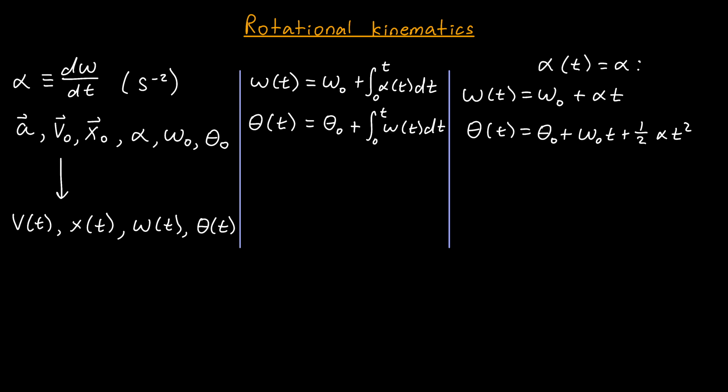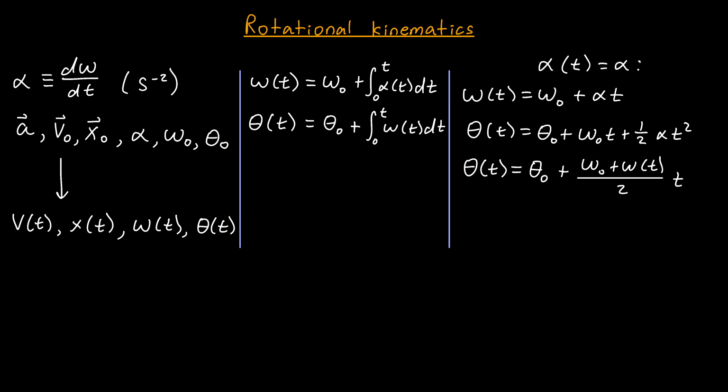This is just doing the same integrals we had before, but now assuming that alpha of t is a constant. And there are a couple more shortcuts we can consider, just like with linear kinematics, right? So we can write theta of t is your initial angle theta naught plus the average angular velocity, right? So omega naught plus omega of t over 2 times time.